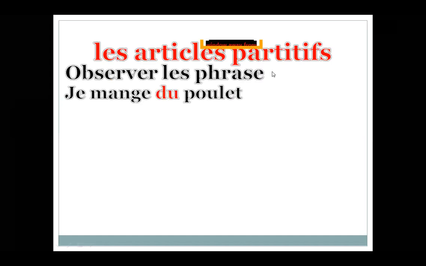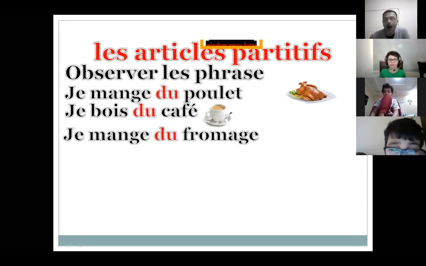Let's see les articles partitifs. Je mange du poulet. It means I eat chicken. Je bois du café. It means I drink coffee. Je mange du fromage.